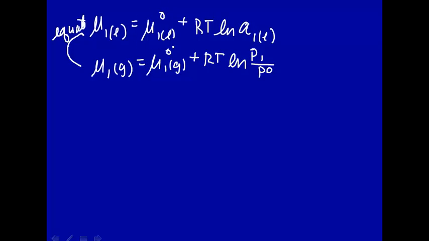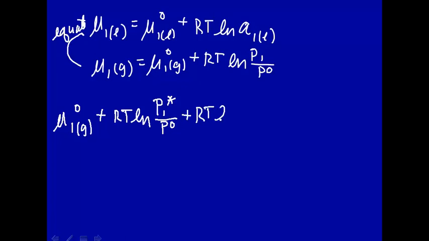So let me go ahead and substitute in the expression from the other one, so that the chemical potential of the liquid is the standard state chemical potential of component 1 plus RT times the natural log of the vapor pressure of pure substance 1 divided by the standard state pressure, plus RT times the natural log of the activity of 1 in the liquid state.